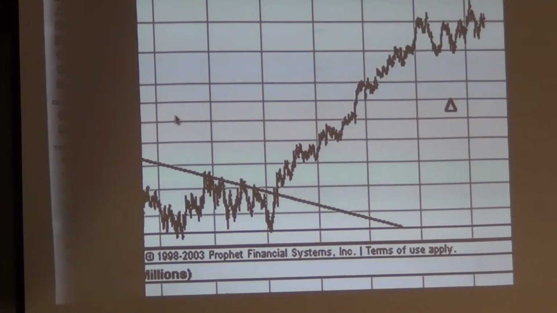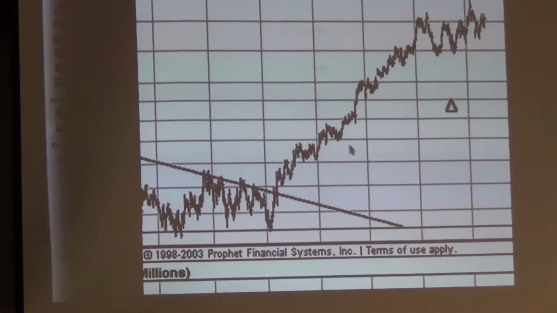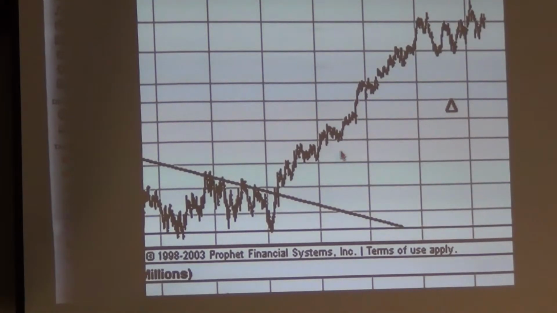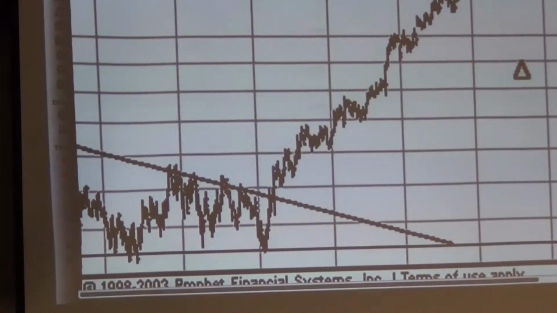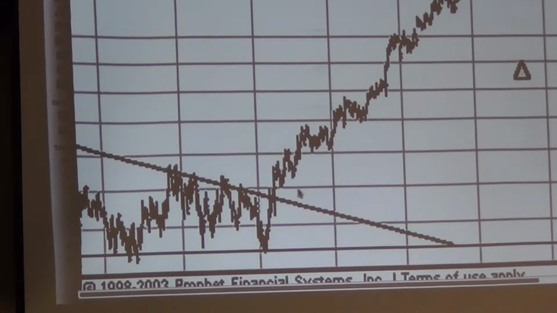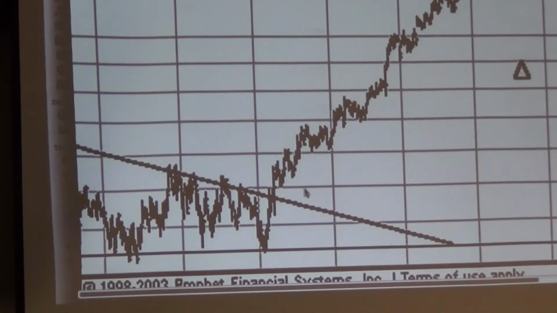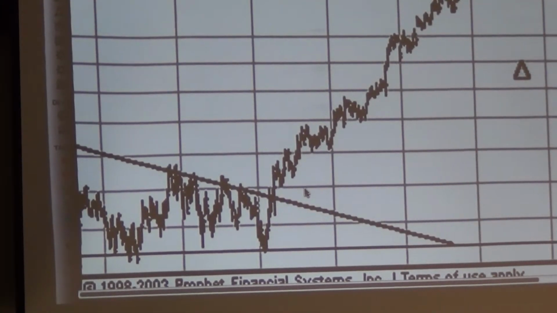Here is eBay. This was a triangle in eBay. You can't see the left side of it. I don't know why. Probably because of my ineptitude. This line was drawn probably somewhere in here. And this breakout was the breakout in eBay. And it's a triangle. A triangle is once again a powerful formation that gives you information.